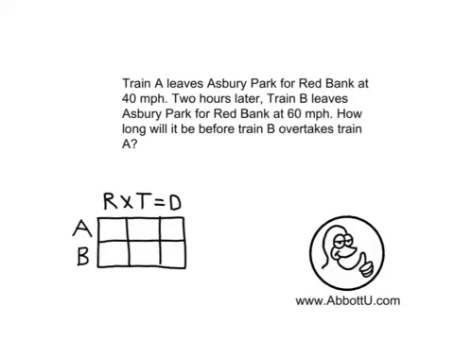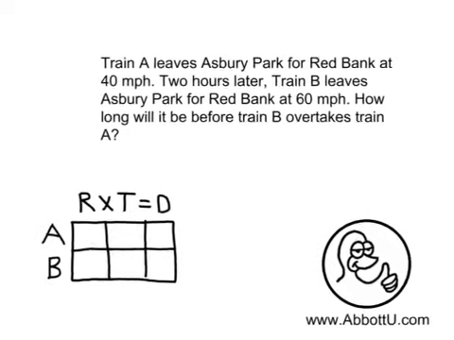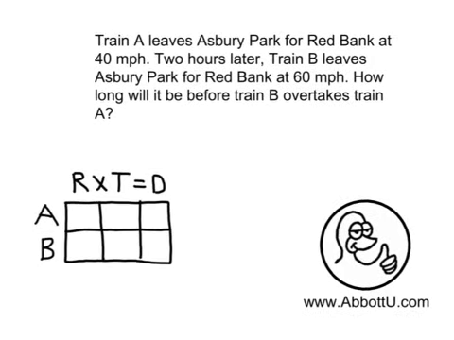Alright, before we start filling in more information into that table, I also think it's often a good idea to make another really quick diagram that helps you visualize what's actually happening here. Now what's happening is we have Train A leaving from a particular city towards another city.